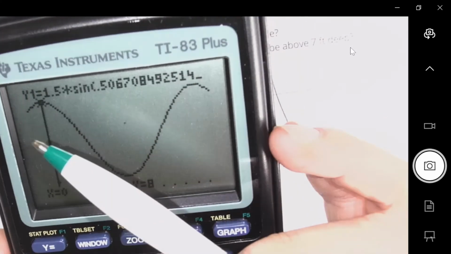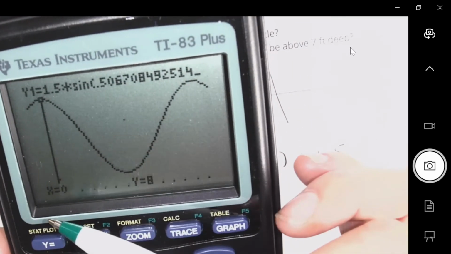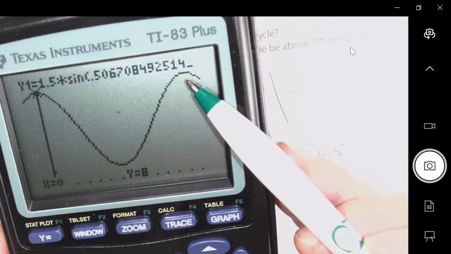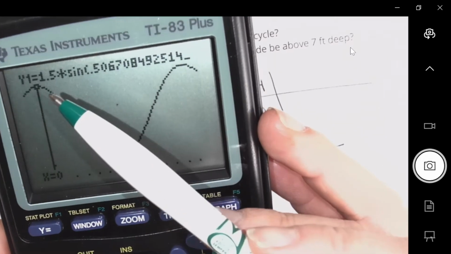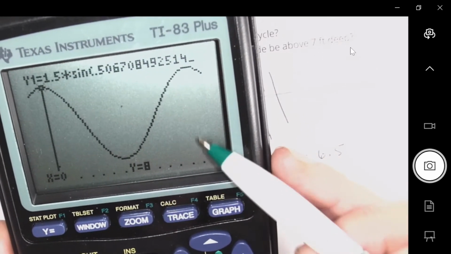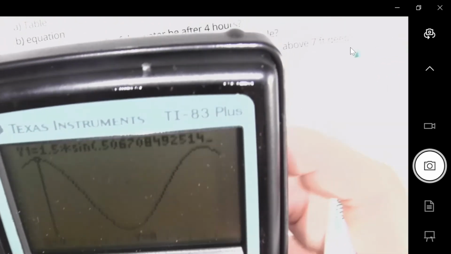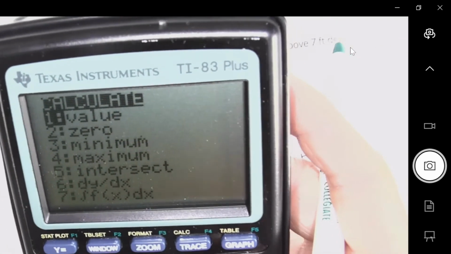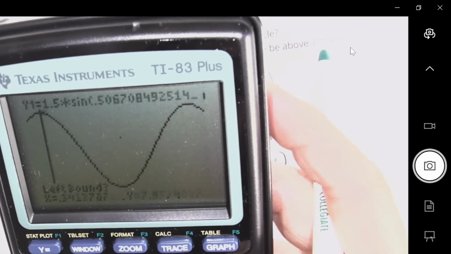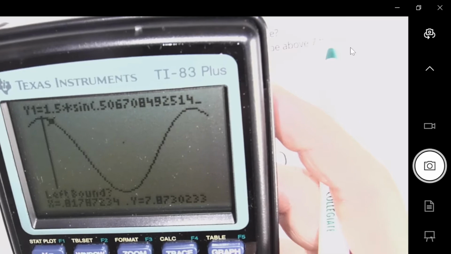Are you okay to understand? I'm trying to figure out from the time 0 to the time of the next max. So I'm at a max. I got to get myself over to the next max. So I'm going to second calculate a max, and I got to move way over there.